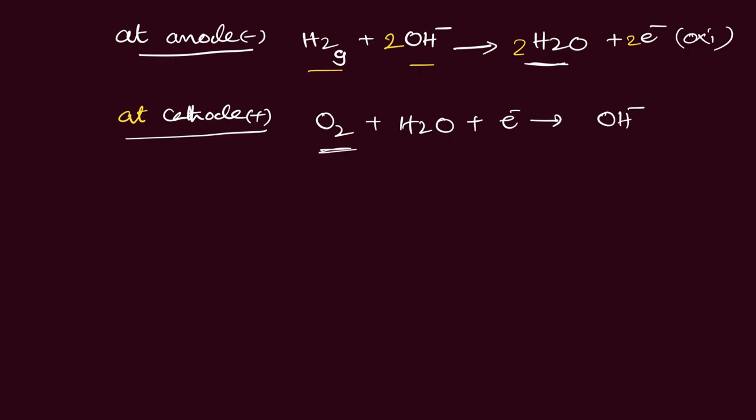Here how many oxygens are there? 2 plus 1, a total of 3 oxygens. Then we have to make it 3. But the electrons are 2 here and 2 there, not balanced. Therefore I will make this 4, an even number, then this also an even number 4.